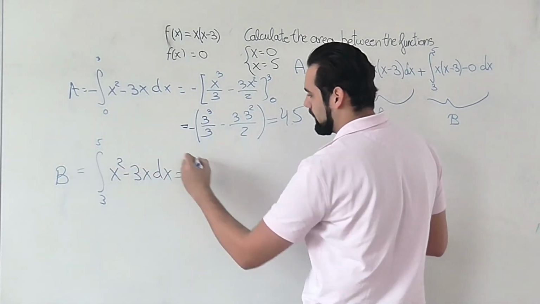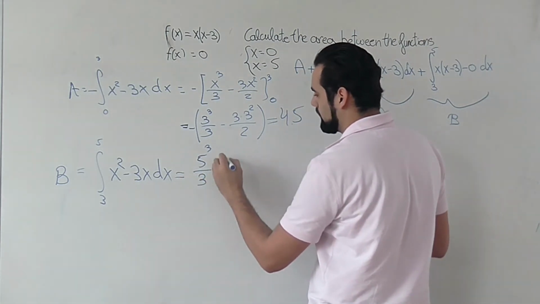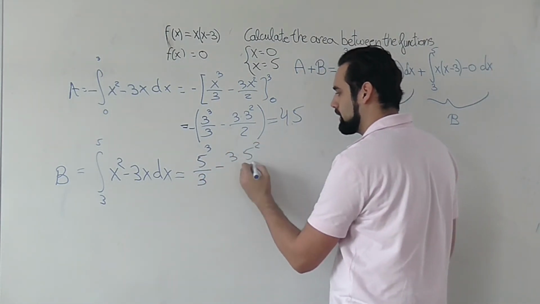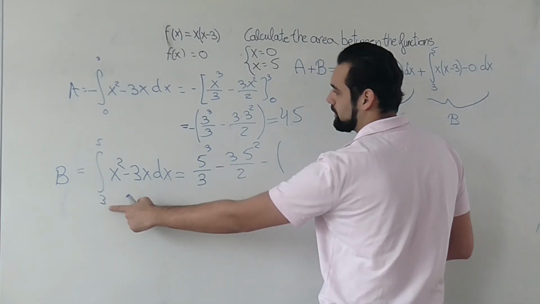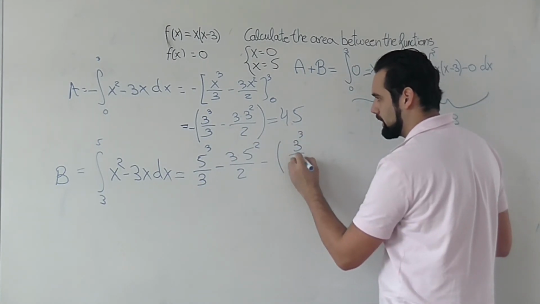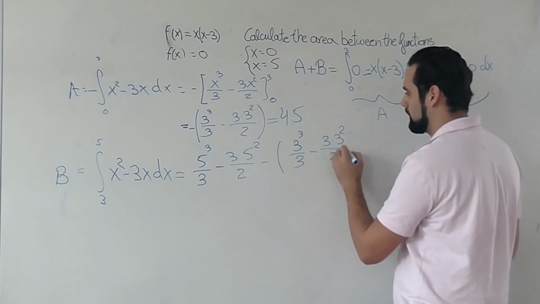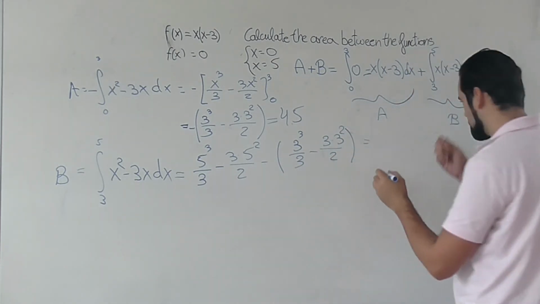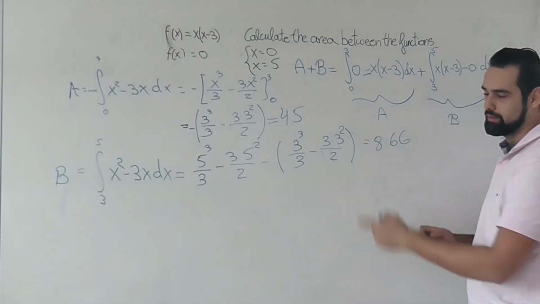So it's going to be 5 cubed divided by 3 minus 3 times 5 squared divided by 2 minus, and then with the 3 it's pretty much as happens here. So we just paste that in. And this is roughly 8.66, which is the area for B.